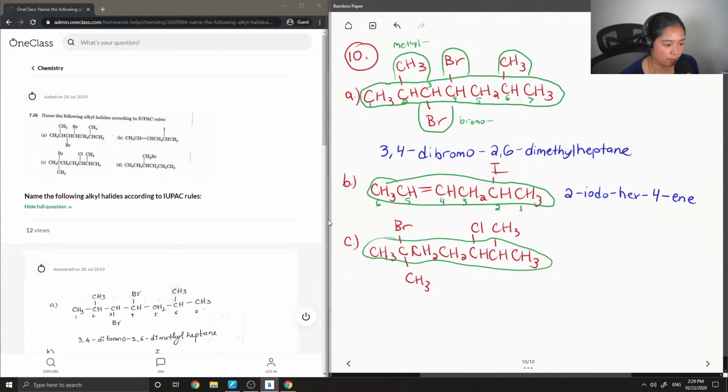And then to number them, I'm going to start from here, since I want carbon 2 to have the majority of the substituents. And then when I'm naming this, I'm going to do my bromine first, since it is in alphabetical order. So it's 2-bromo, and then the chlorine, 5-chloro. And then 2,6 to show where our methyl groups are. Dimethyl heptane.